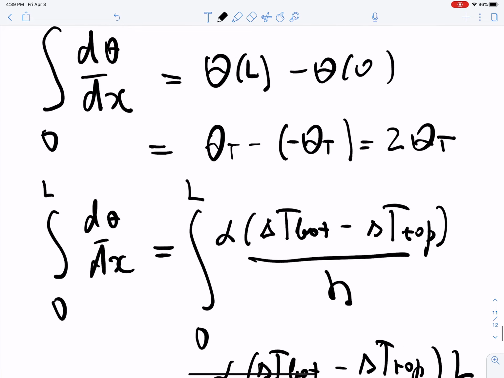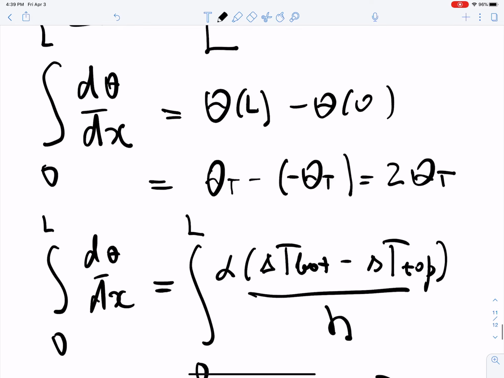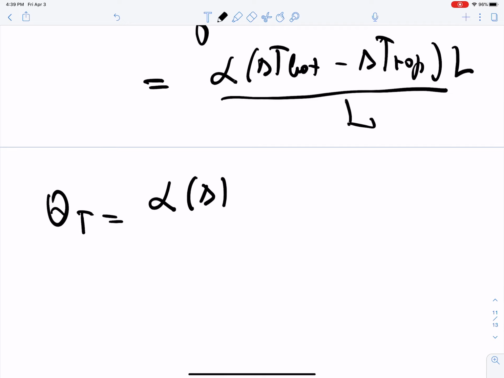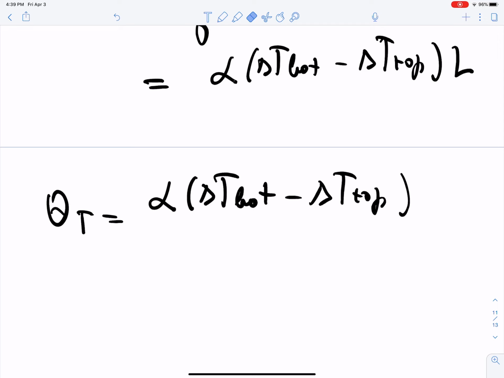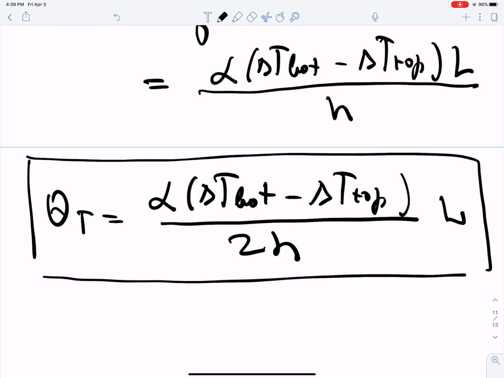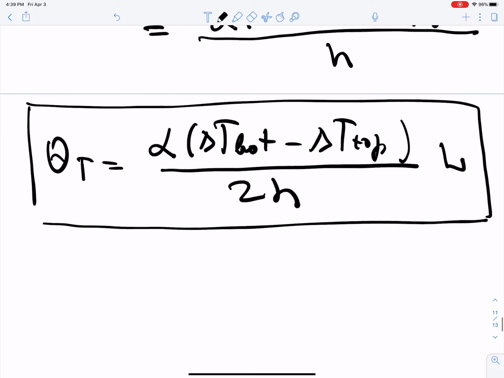Clearly I have two expressions for this integral, from where I conclude that theta t equals alpha, delta t bottom minus delta t top, over 2H, times L. This is not L, this is H. Good.